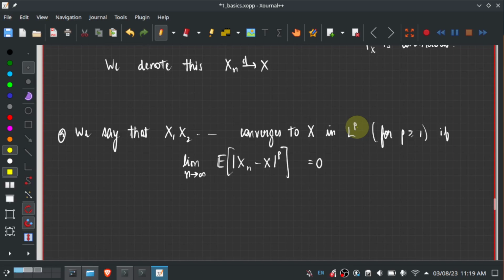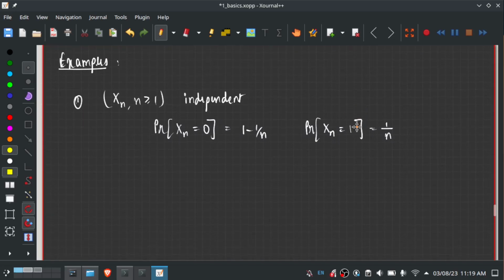Let's try to understand what these really mean and get some intuition for all of these. Let's take a concrete example. Suppose that I have a sequence of independent random variables, not identical. xn can take only 2 values, either 0 or 1.